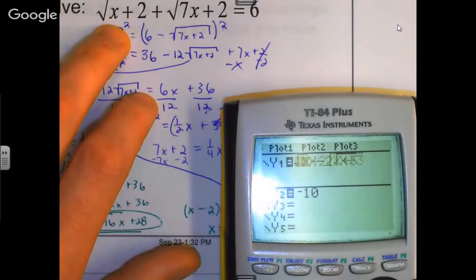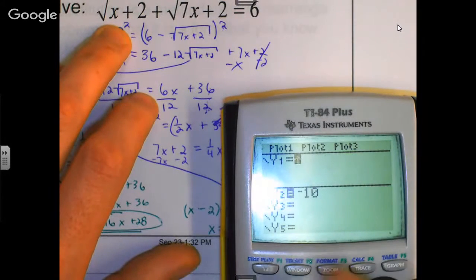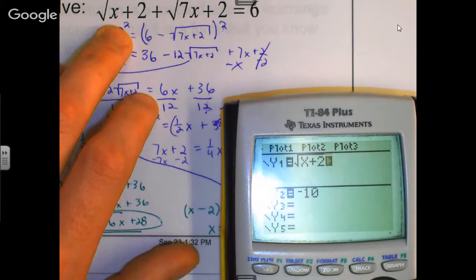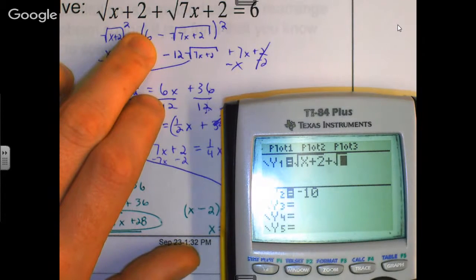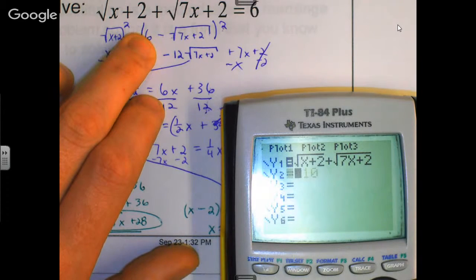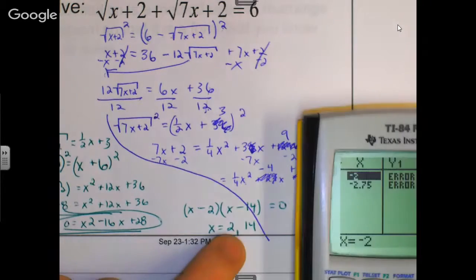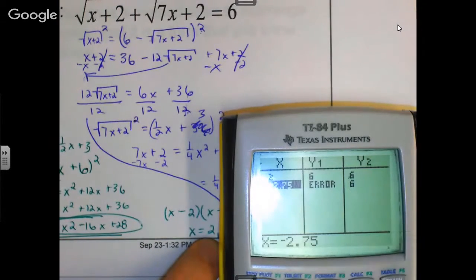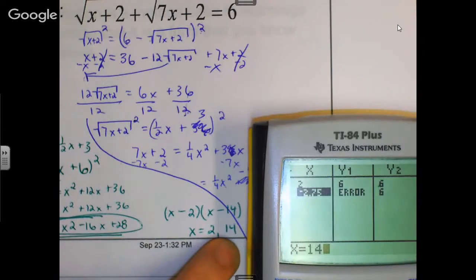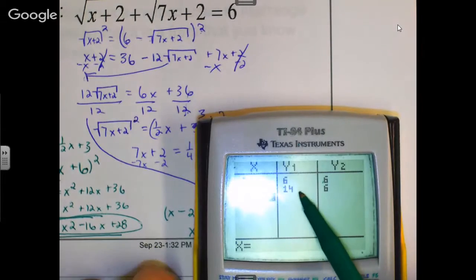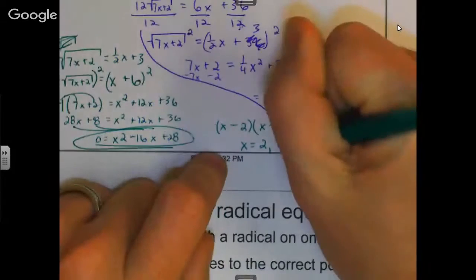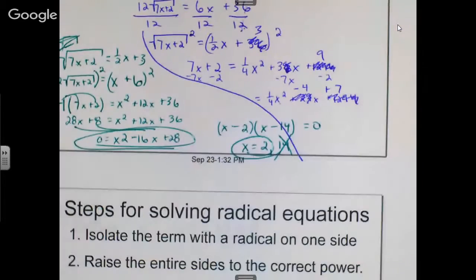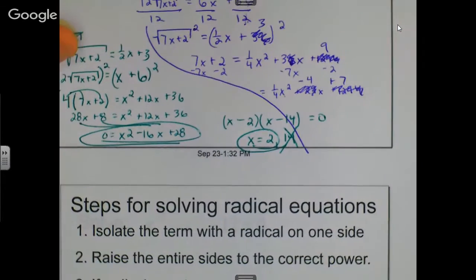We have the square root of x plus 2 plus the square root of 7x plus 2 and 6. So if I go to my table, I'll put in 2, I get 6 and 6, so that's good. If I plug in 14, I get 14 and 6. So 14 does not work. X equals 2 does.